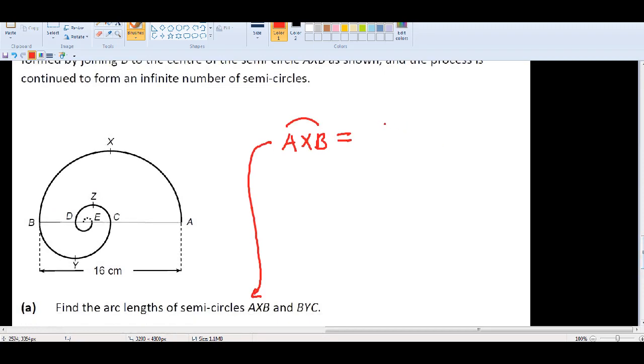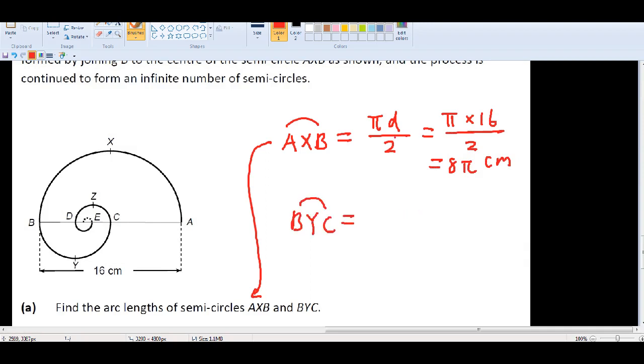Forgot to highlight this. Okay, arc length. So you remember the arc length means part of the circumference, right? So that's a semicircle. We know pi times d would be our circumference, semicircle divided by 2. So for AXB, the largest semicircle, the diameter is 16, divided by 2, 8 pi cm. Okay, so how about BYC, another arc length?